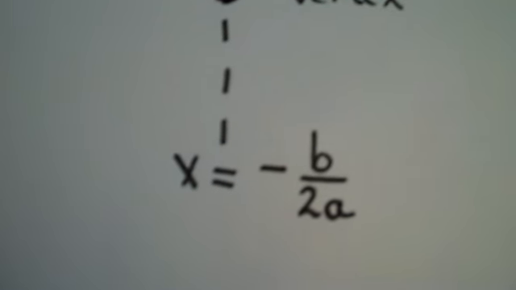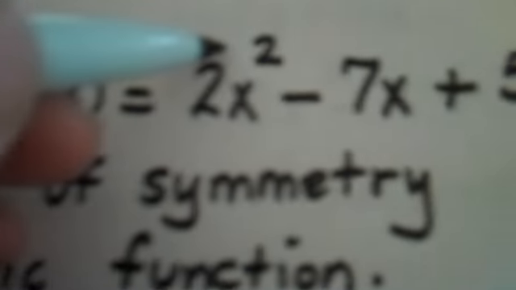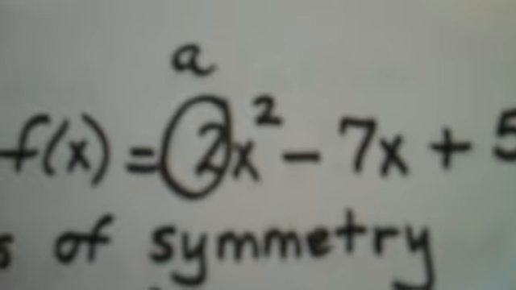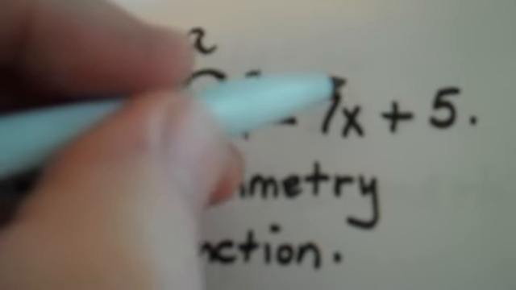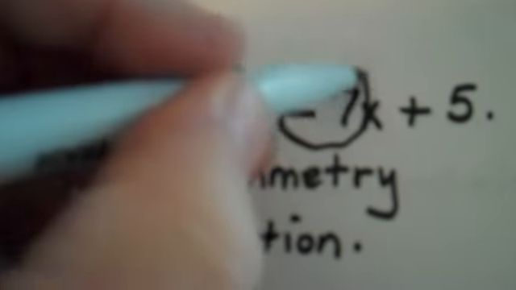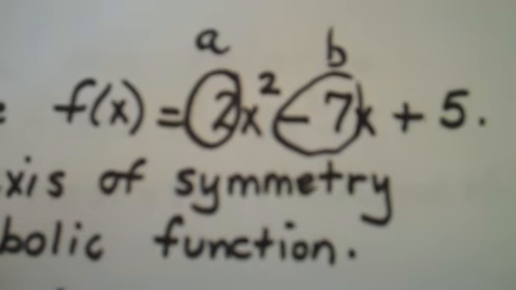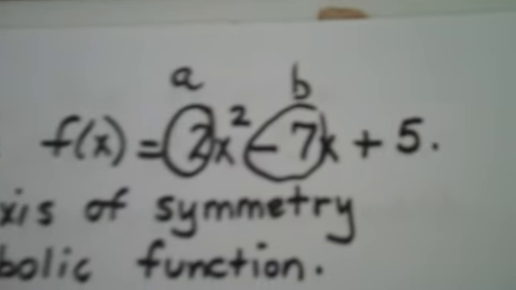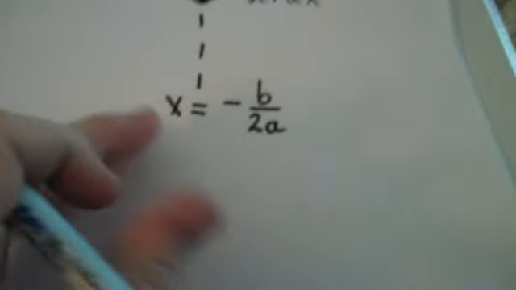So all I really need to do here to answer this question is go up here, realize that a is 2, and realize that b is a negative 7. So watch what happens when I plug in, okay? Come with me down here.